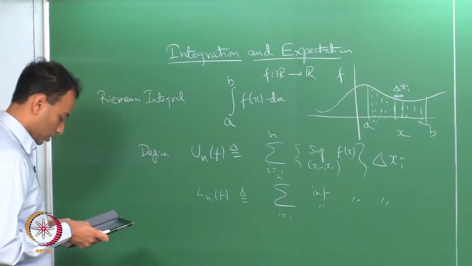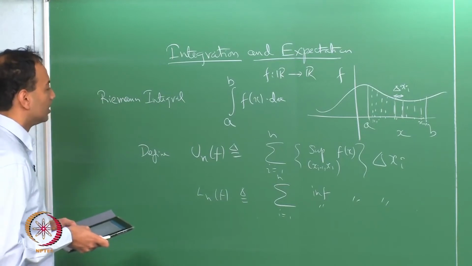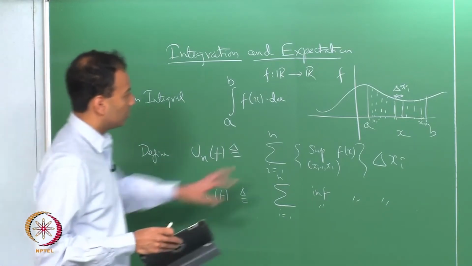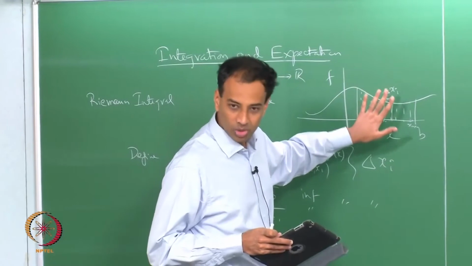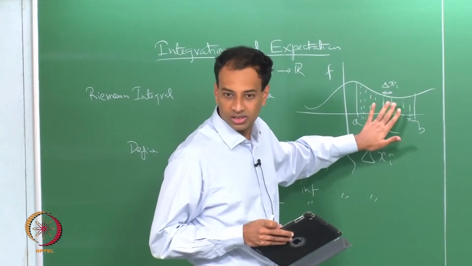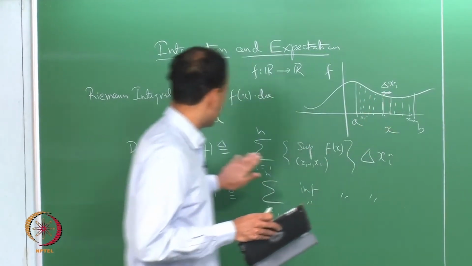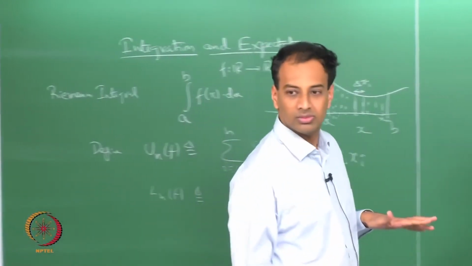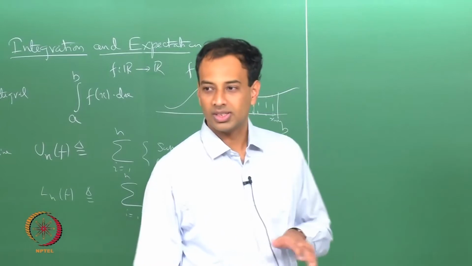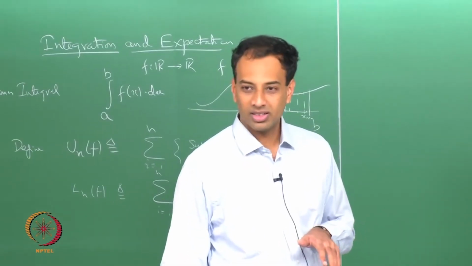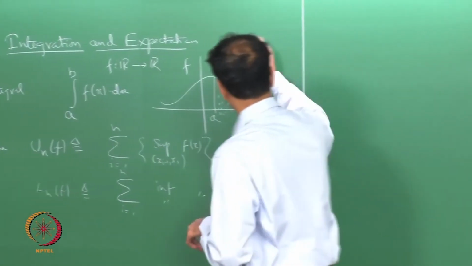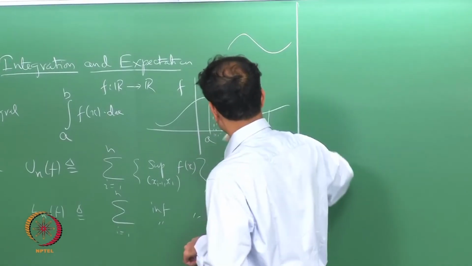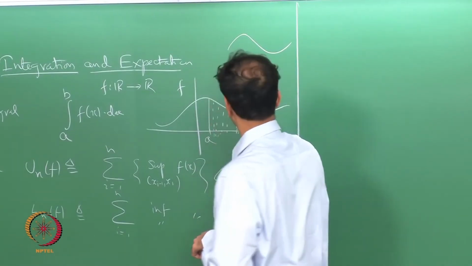Now, what you can show is that when n becomes bigger and bigger and the partition becomes smaller and smaller, the upper Riemann sum is monotonically decreasing. Is that clear why it is the case? So, if you want to draw a more magnified view of what is going on here, right, let me just draw a magnified view.